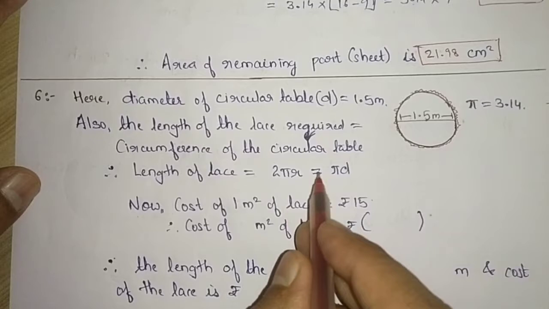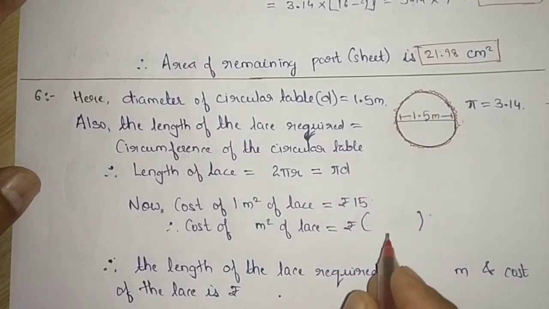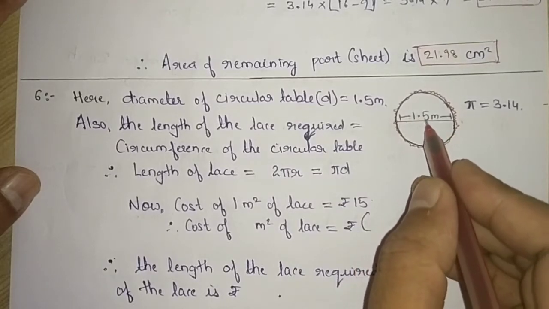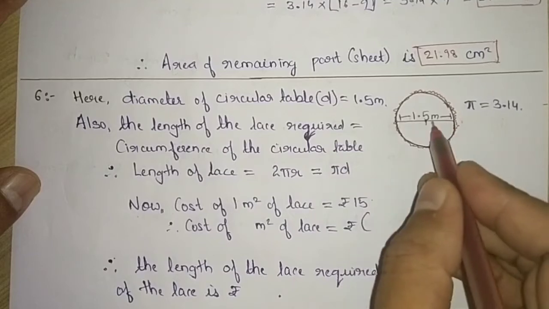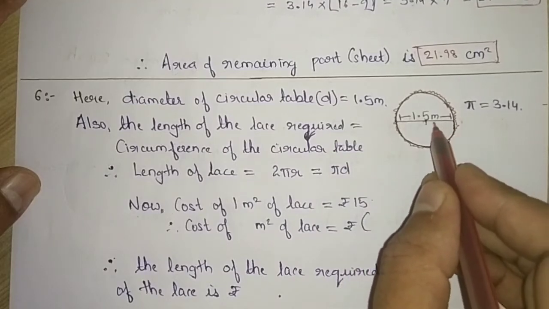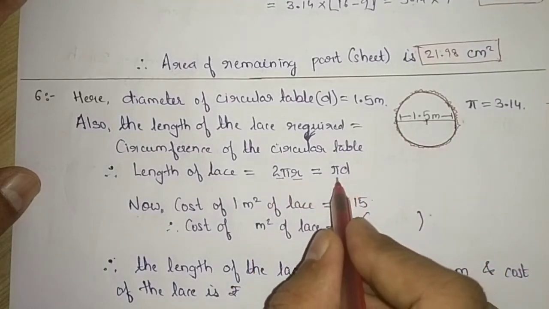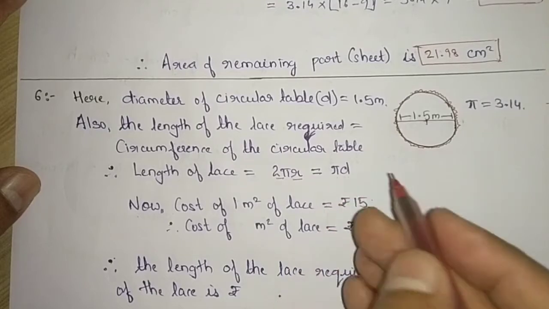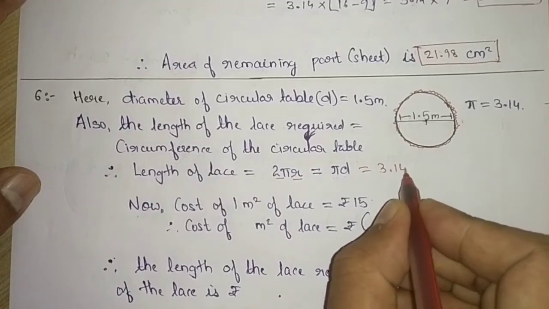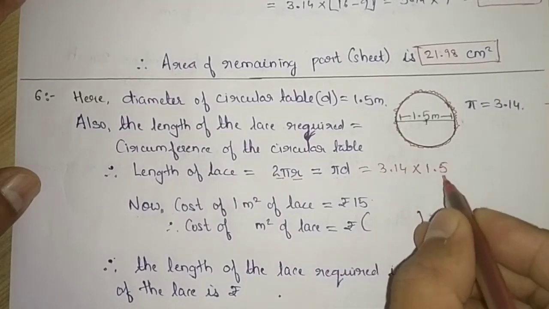Why 2 pi r? Because circumference is nothing but 2 pi r. We know the formula. Now r we don't have. So definitely d is nothing but 2r, one radius plus the second radius. So instead of 2r, can I write pi into d? So we will place pi as 3.14, which they have given us, into d as 1.5.